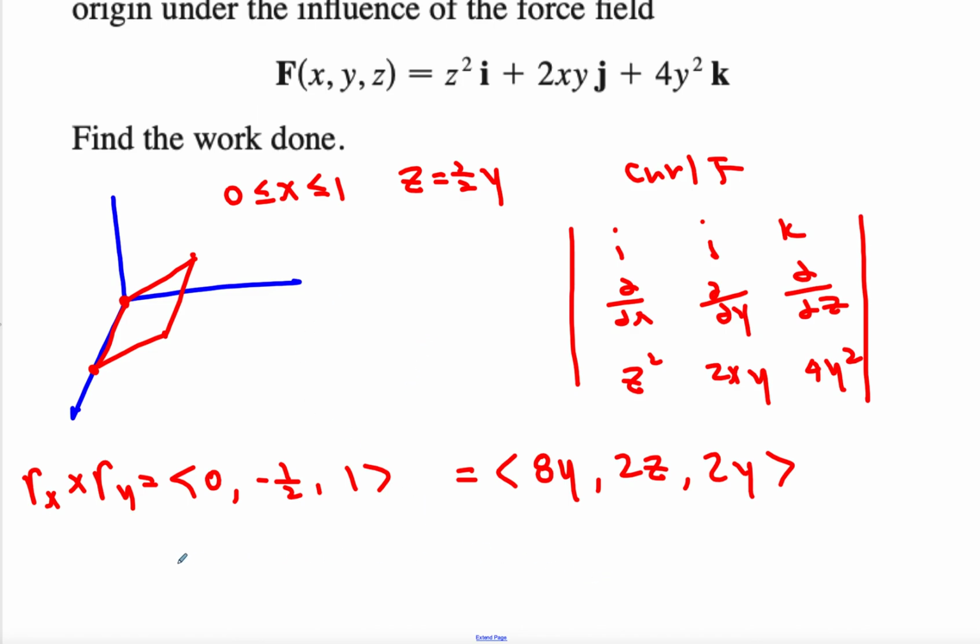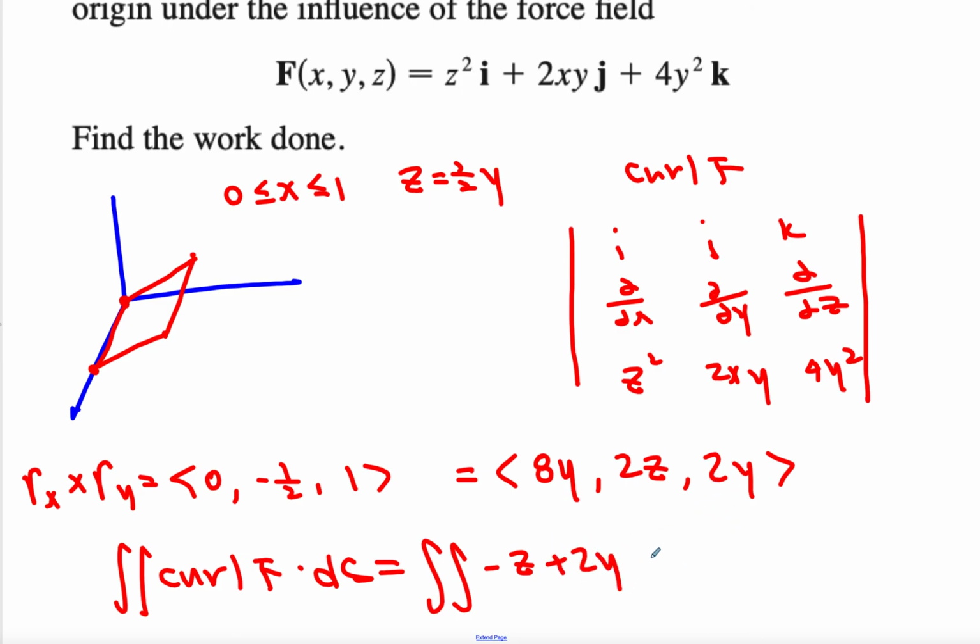We're going to get first one is 0, second one is negative z, and then plus 2y.